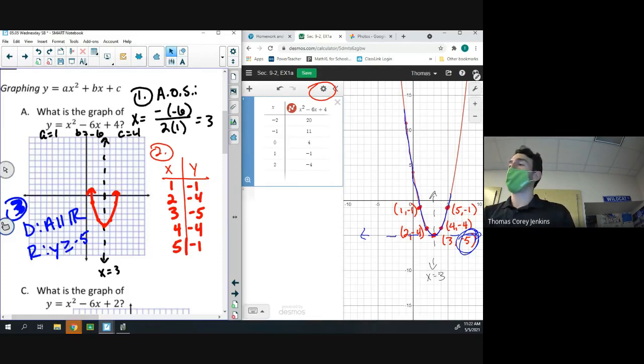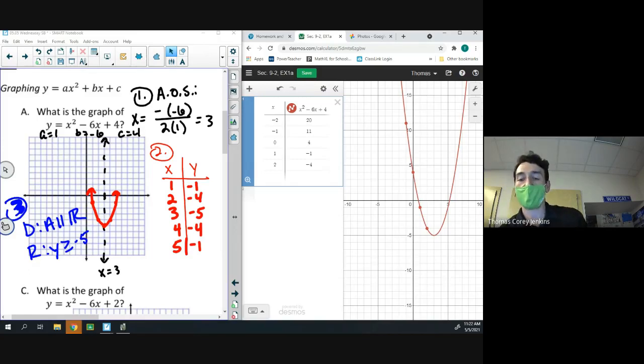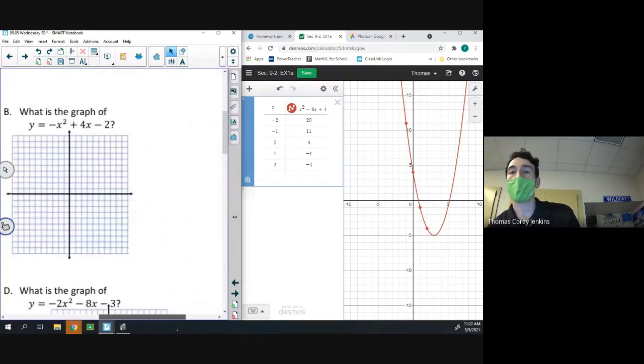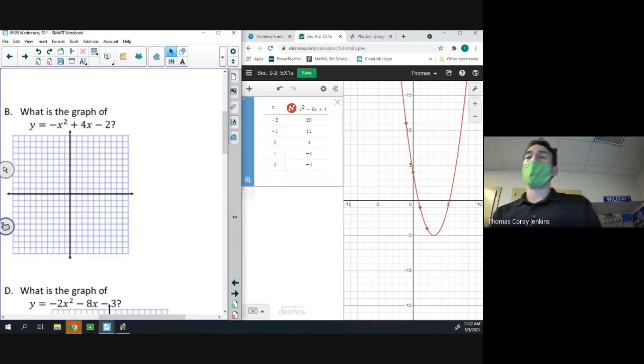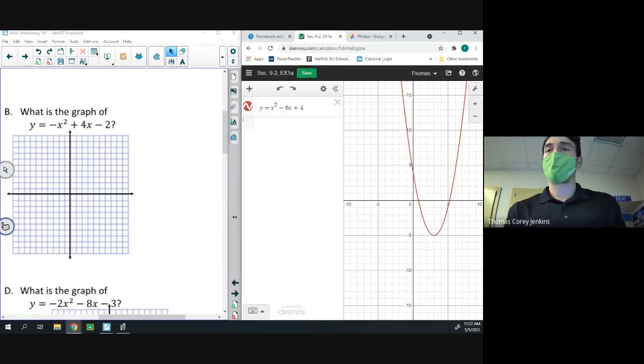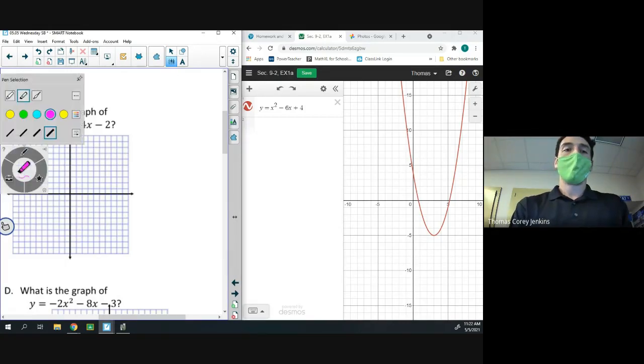All right, so let's move on to the next one, which will be example B. So before we go into Desmos, let's find algebraically our axis of symmetry. We'll call that step 1.